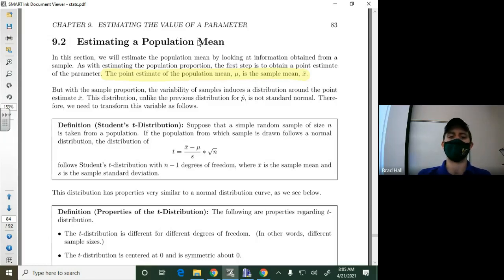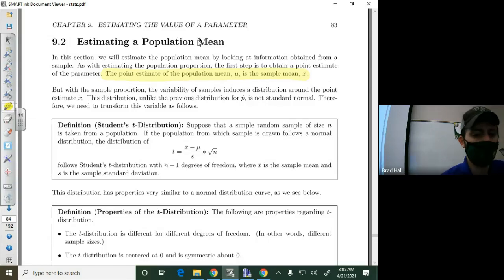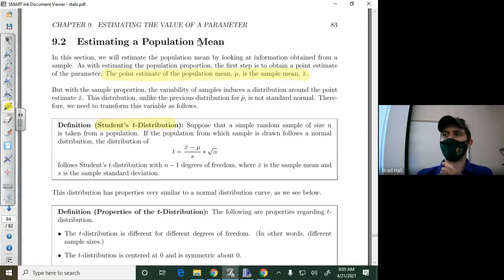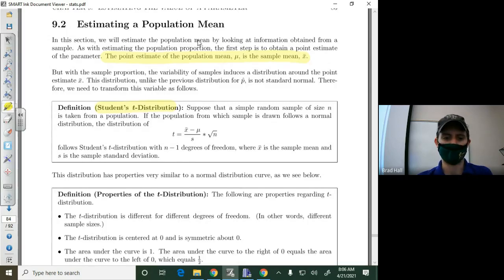And this transition is a T distribution, a student's T distribution. This is a way of rewriting the sample means more as a standard normal transformation. Now, this isn't really much of a formula. The formula we care about is slightly below here.